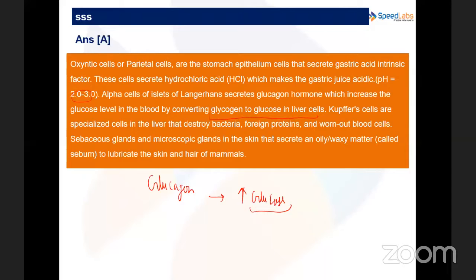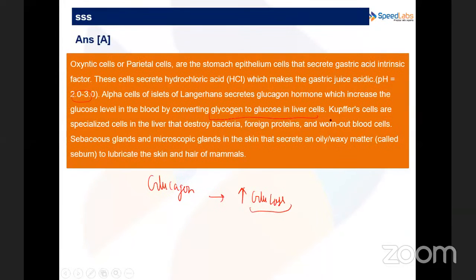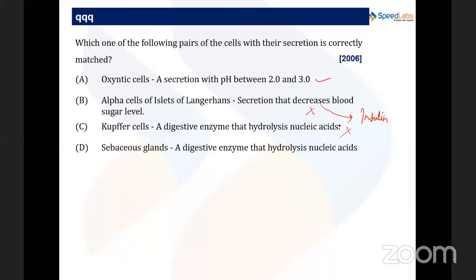Now, Kupffer cells. These are specialized phagocytic cells in the liver that destroy bacteria, foreign proteins, and worn out blood cells. In the option, it is mentioned a digestive enzyme. Hence, it is the incorrect statement. Now, sebaceous glands.